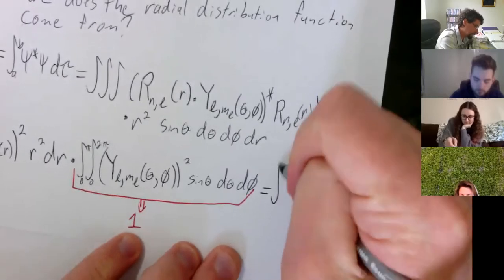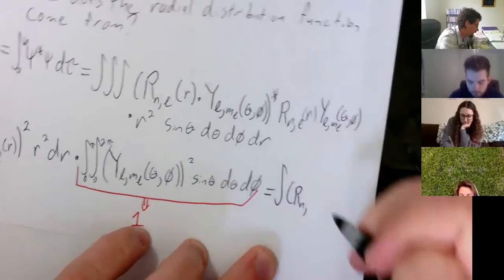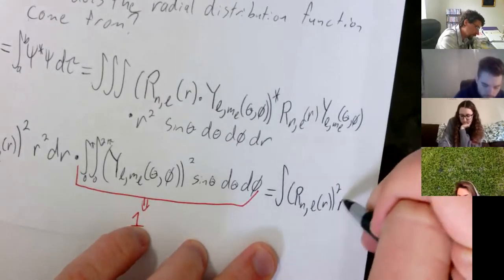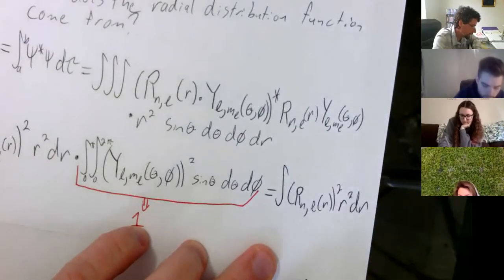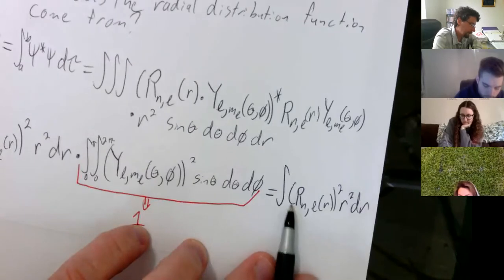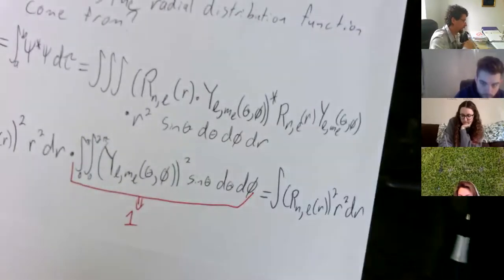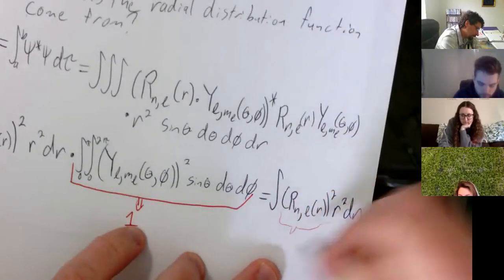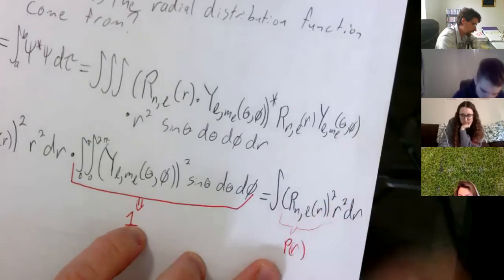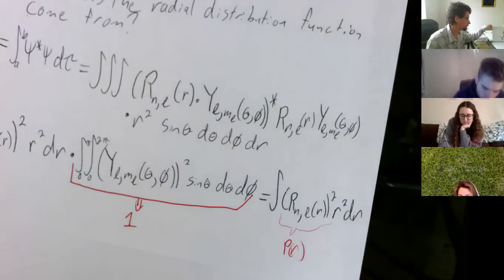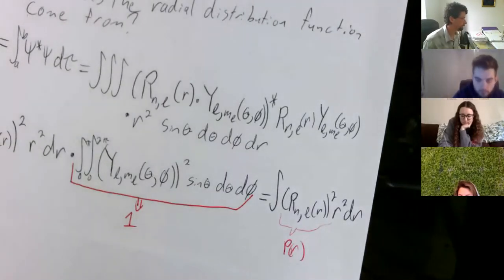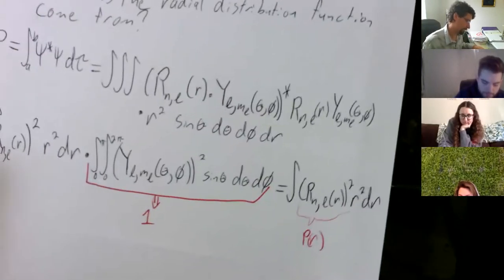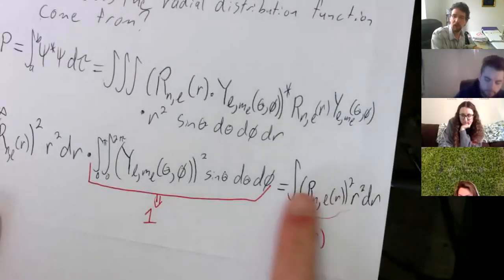So this is equal to 1. What we're left over with is R sub n l of r, squared, r squared dr. And that probability function, this right here, that's P of R. The inside and that r squared, all of that lumped together.